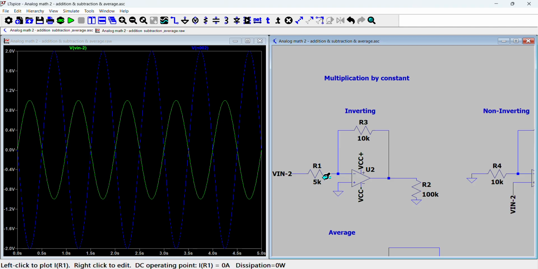So therefore, the input impedance is not infinity, it's actually 5K. In fact, the current changes by the input minus 0 volts, because this is 0, divided by R1. So it's entirely determined by this resistor here.